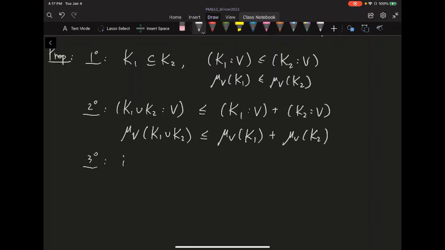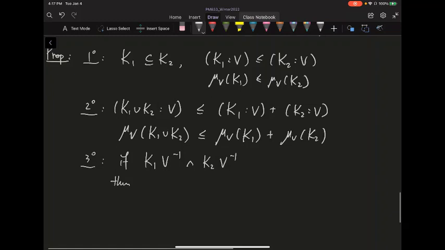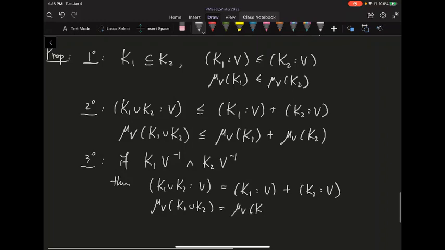What I mean is that if this k1 times v inverse is disjoint from k2 times v inverse, then you have that k1 union k2 over v is equal to the sum, so it's additive now. Of course you can translate in terms of mu v, so mu v on these k1, k2 are going to be additive.